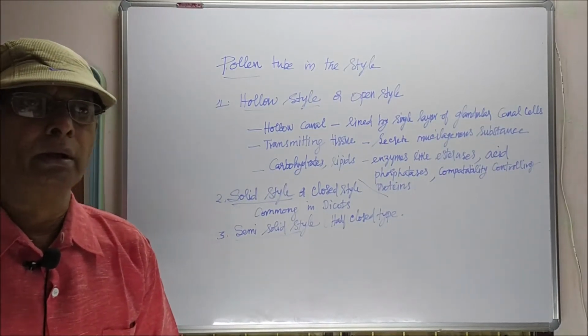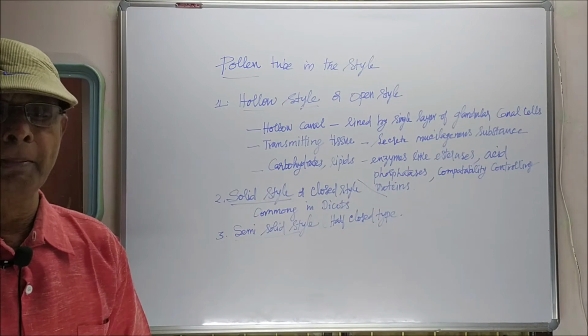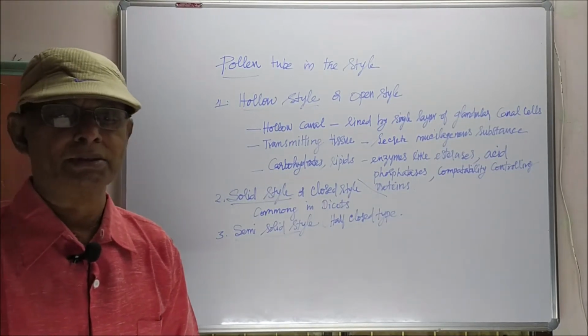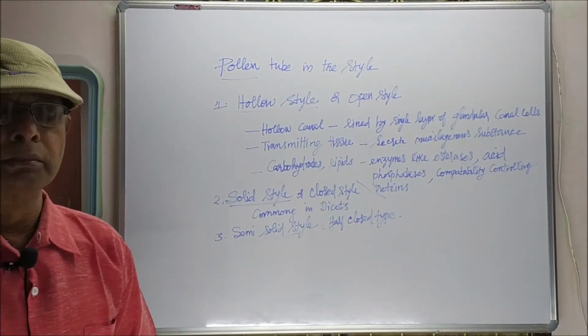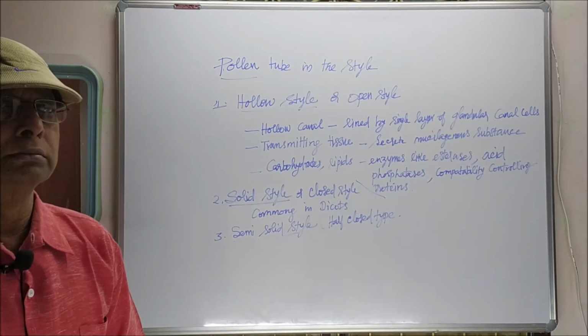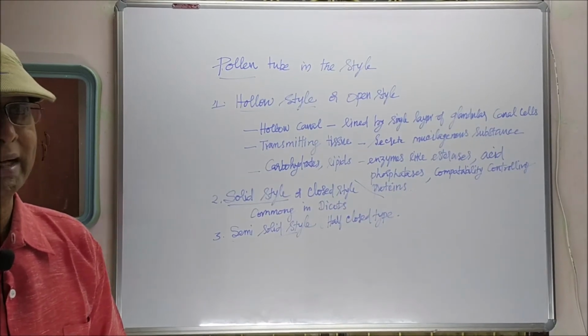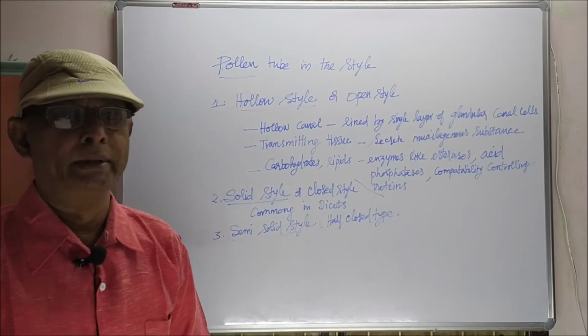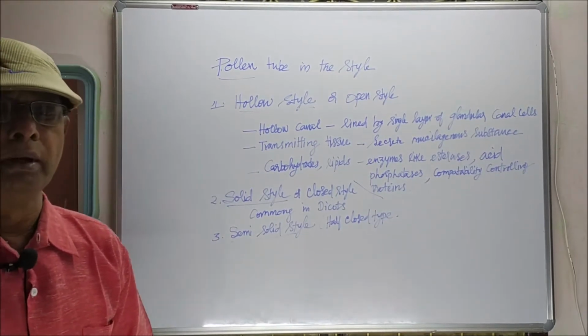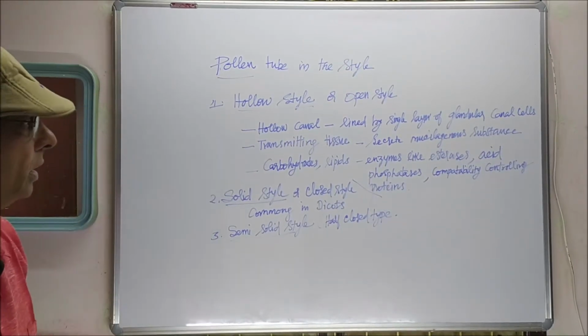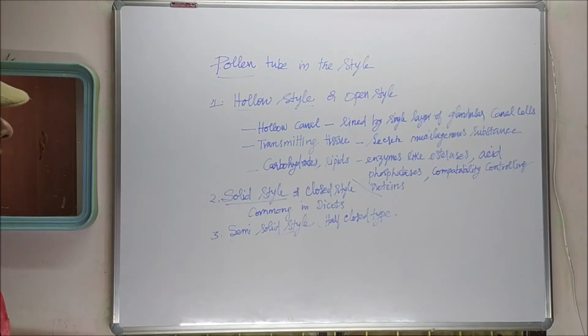Style is the stalk of the stigma, and through the style, the pollen tube reaches the ovule and then the embryo sac. And this growth of the pollen tube in the style, we are going to consider.